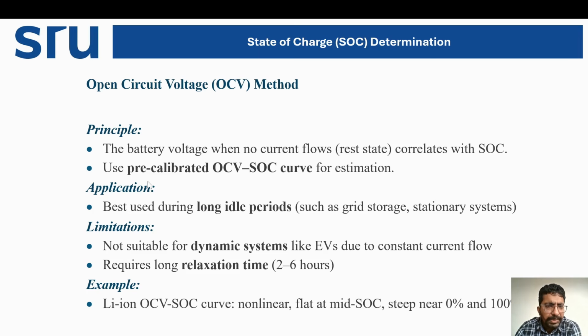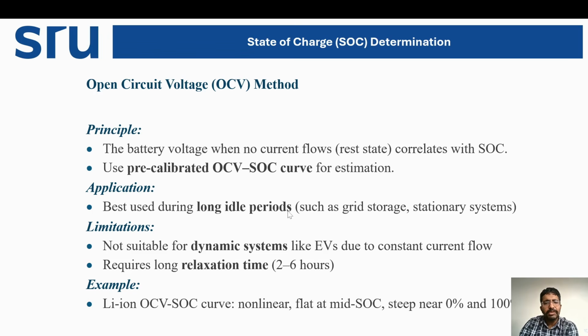So we use a pre-calibrated open circuit voltage and state of charge curve for the estimation. It is best suited for long idle periods, when the vehicle is not moving, or when a battery bank is not in continuous use, such as grid storage or stationary systems.